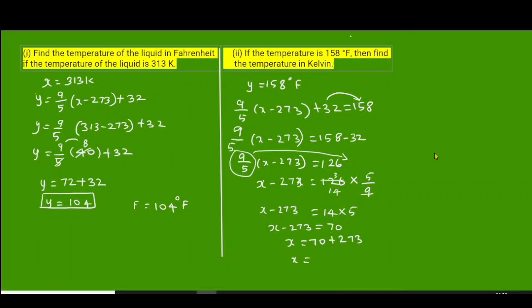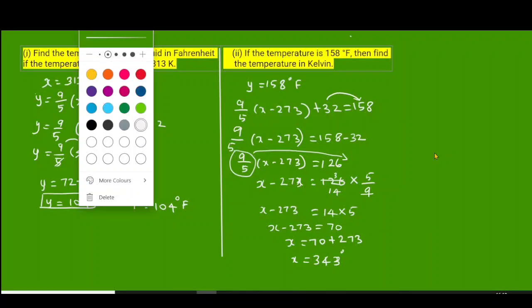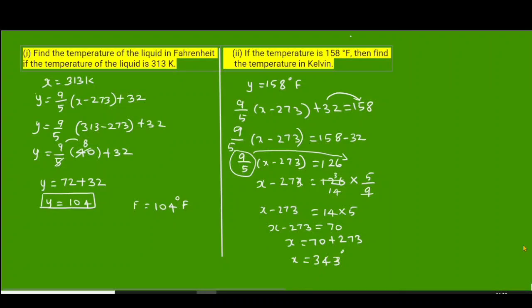So x = 343, Kelvin units, not degrees. We use degrees only for Fahrenheit. So when the temperature is 158 degree Fahrenheit, the Kelvin is 343 Kelvin units. Yeah, clear? Shall we move to the next question?